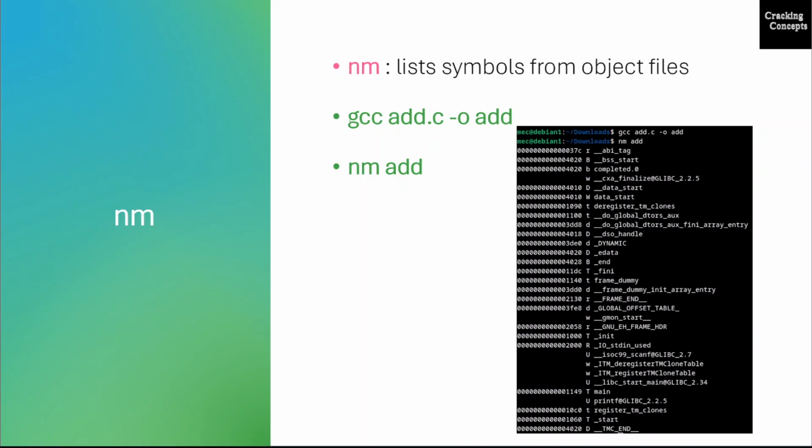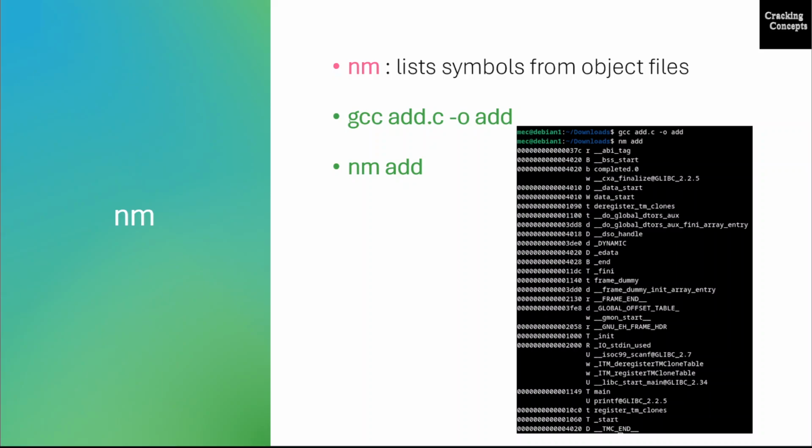So for this also we compile the program gcc add.c -o add. So the object file name is add, so that command is nm add. So this is the sample output. We have the symbol value in the left column, and here we have the type of symbol and the section it resides in.